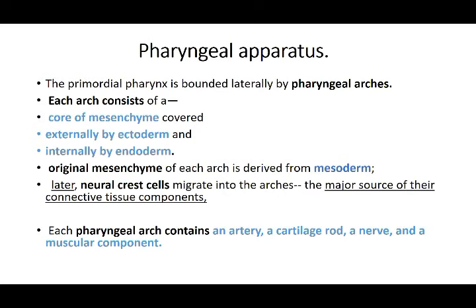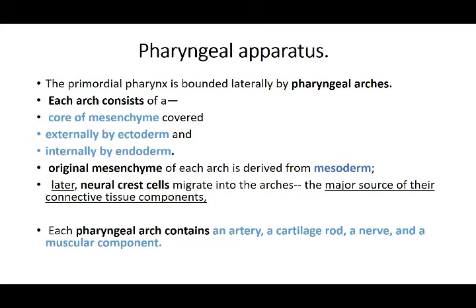The original mesenchyme is developing from the mesoderm, but later on, the neural crest cells, as I already told you, form the major source of the connective tissue components, including the bone, the cartilage, and ligaments. All that is coming from the mesenchyme originating from the neural crest cells.